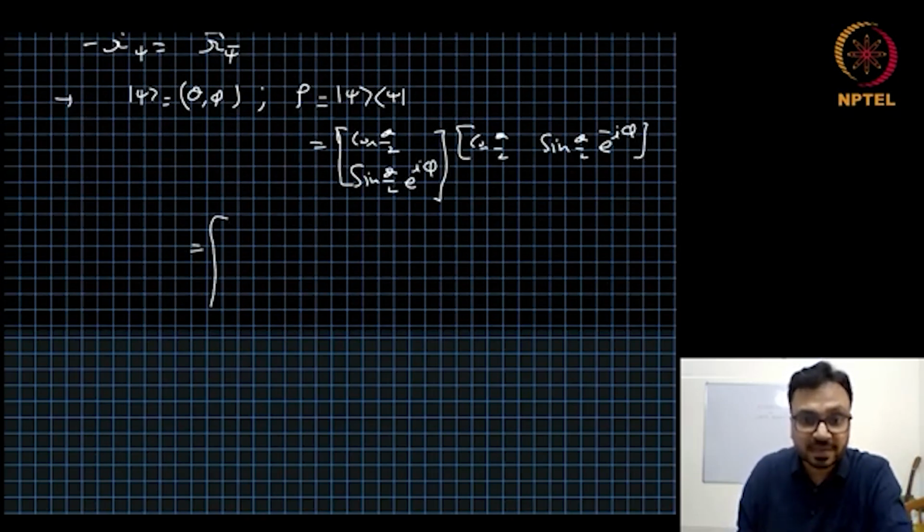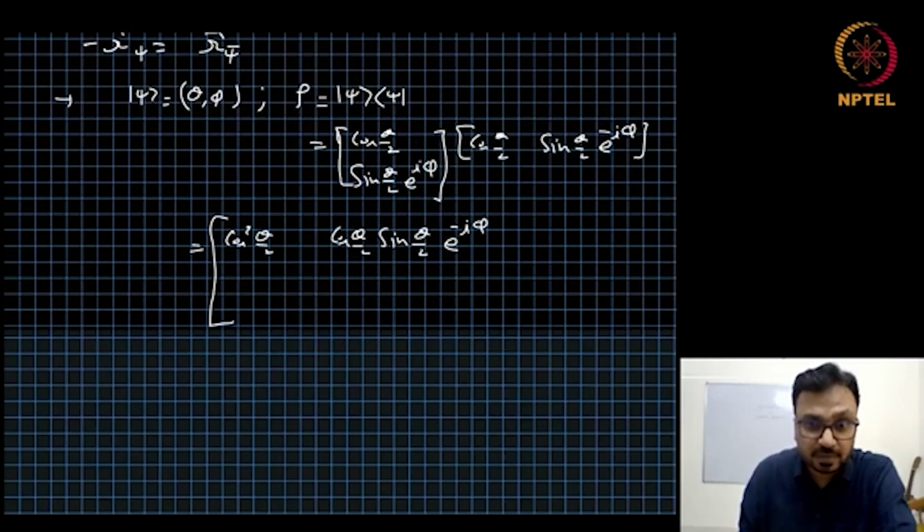When we multiply, we get cos square theta over 2, cos theta over 2 sine theta over 2 exponential of minus i phi, sine theta over 2 cos theta over 2 exponential of i phi, and sine square theta over 2.